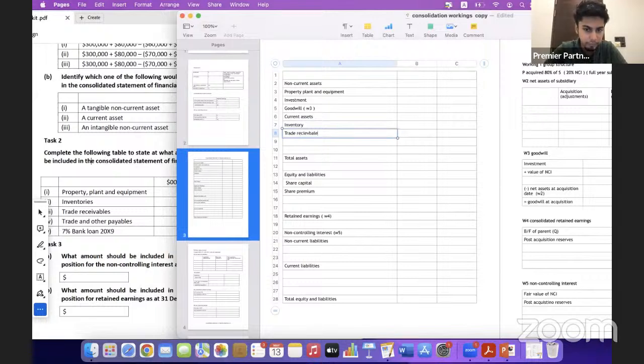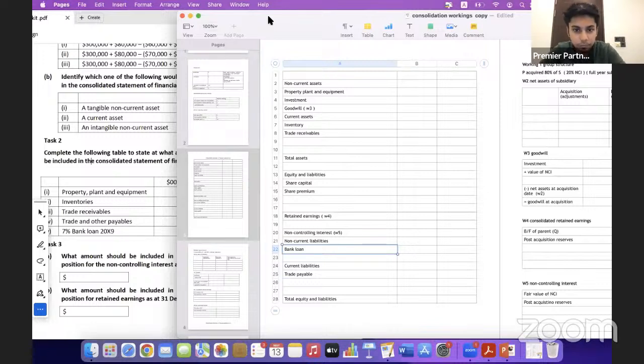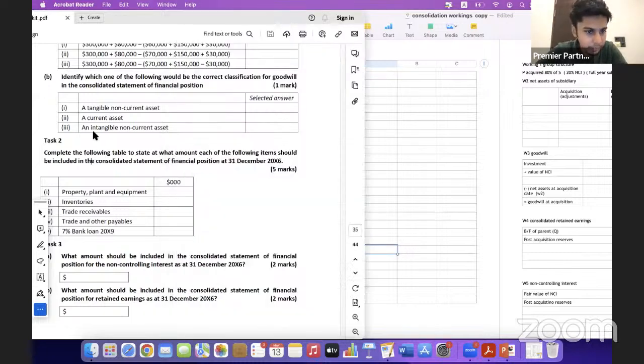Then they want us to find trade payables, which is a current liability, so I'll write it down over here. Then they want us to find bank loan. So bank loan is a non-current liability. Sure. So it's like this. Now see that part which you didn't understand.